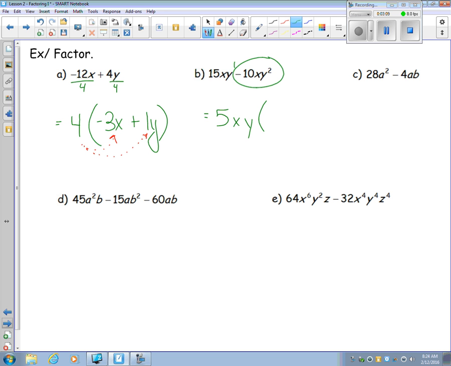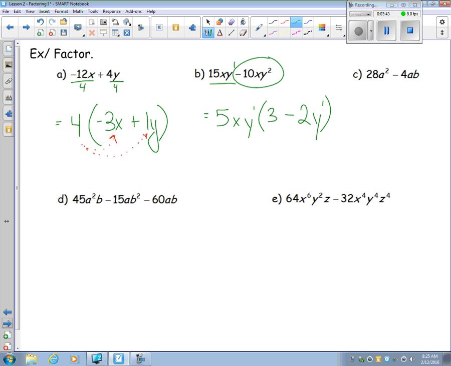This one has one y, this one's got 2. The most I can take out is 1. Okay, so I'm going to divide. 15 divided by 5 makes 3. I had one x, I took an x out, so there's no x's left. And there was a y, but I took a y out, so there's no y's left. Minus. 10 divided by 5 makes 2. There was an x, but I took it out, so no x's. There were two y's, I took out one of them, so I'm left with one of them. And there's my common factored expression.